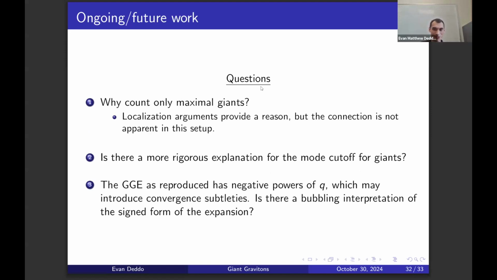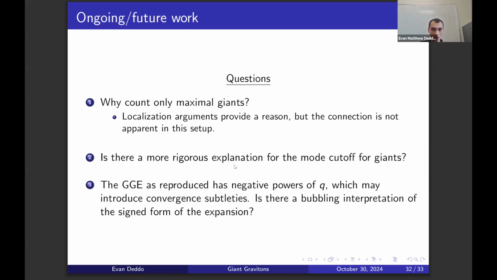The calculation matches, but the interpretation of this is maybe lacking. We know from localization arguments that supersymmetric localization picks out these giants. But since these are very different methods, it's not as clear how this maps into our picture. So this would be something to explore in the future, maybe to answer this question.